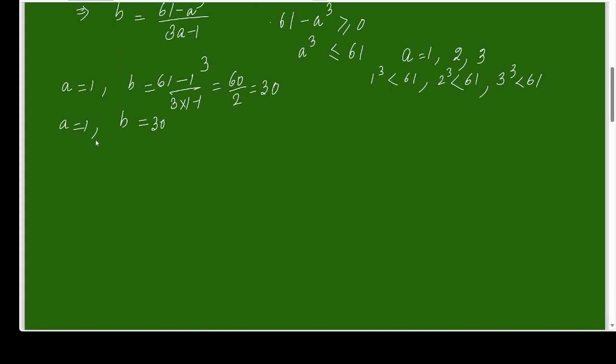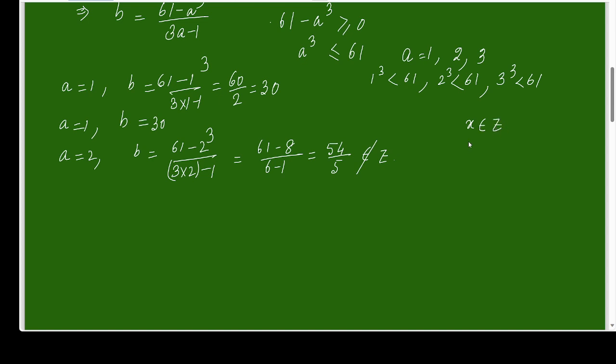One pair of a, b is possible. Next, if I take a is equal to 2, then b is 61 minus 2 cube over 3 into 2 minus 1. So it will be 61 minus 8 upon 6 minus 1, that will be 53 by 5. This is not an integer. Because when x is an integer and y is an integer, then xy, which I have taken as b, should be an integer.